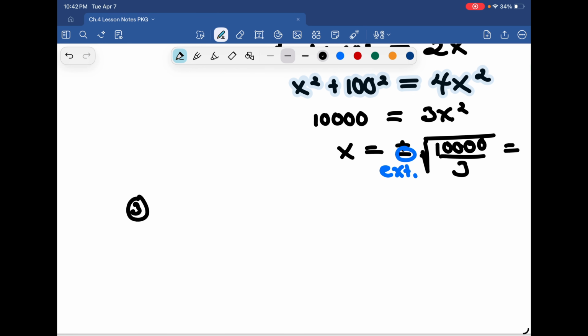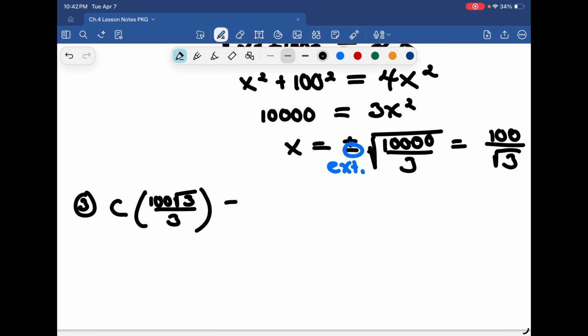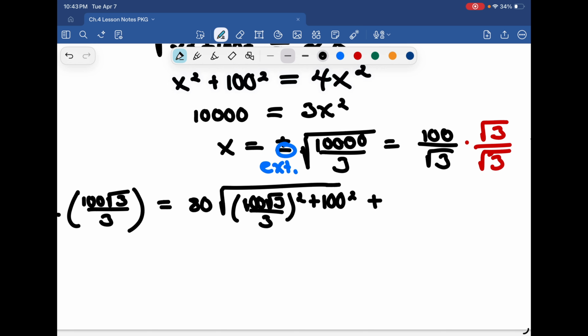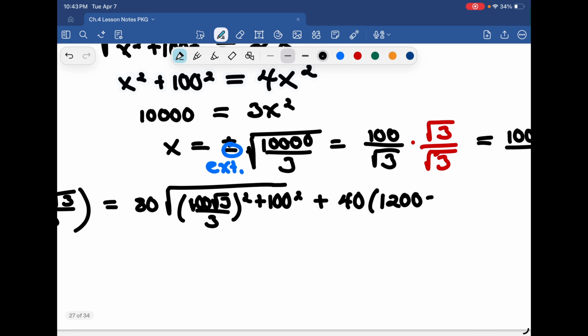I do that by going C of the 100 square root of 3 over 3 into the function, which is going to be equal to 80 square root of the 100 square root of 3 over 3, all squared, plus 100 squared, and then plus the 40 times 1200 minus this 100 root 3 over 3, close the bracket.